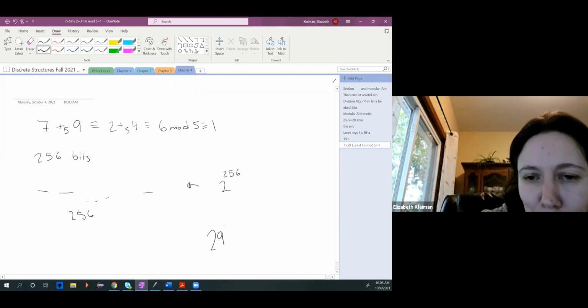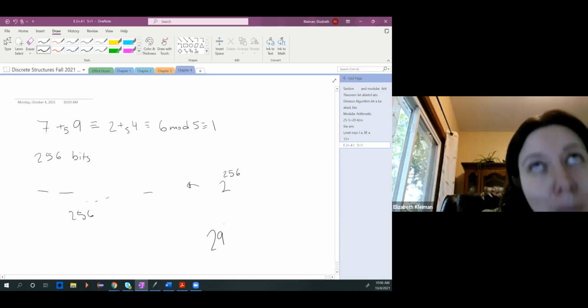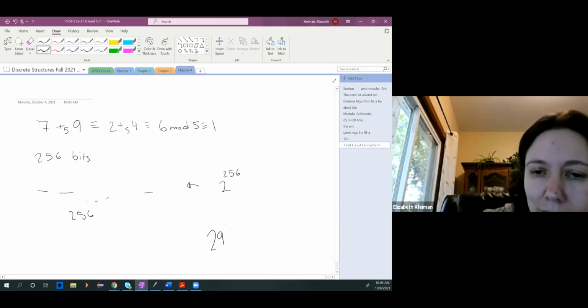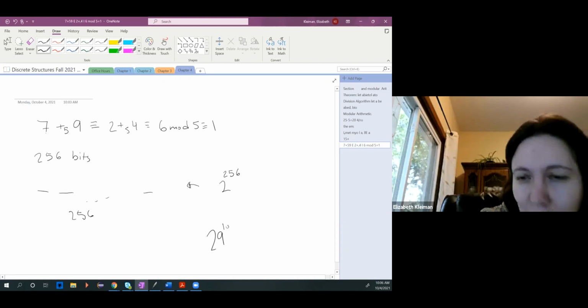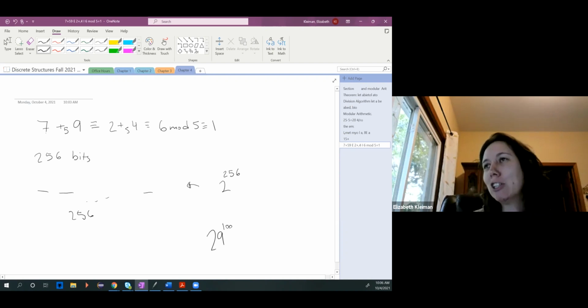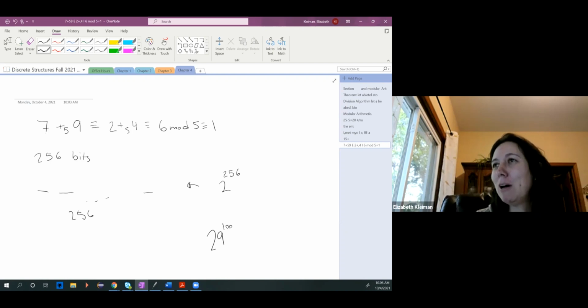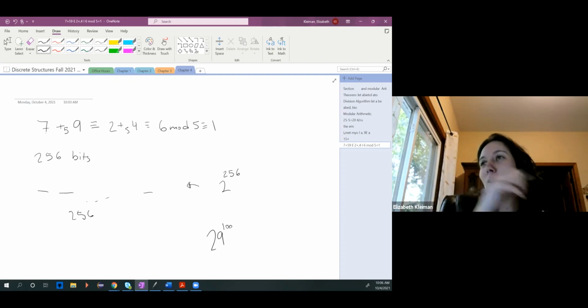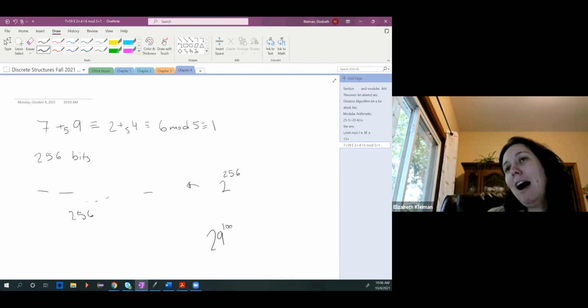And if you think about it, what did I have there? 29, if I put it to the power, let's see. Which one is going to be larger? The 29 to the power 100, correct? Will I be able to store it? Will I actually be able to compute it without modding it? The answer is kind of not with the traditional integers. However, there are different libraries for how to store it.